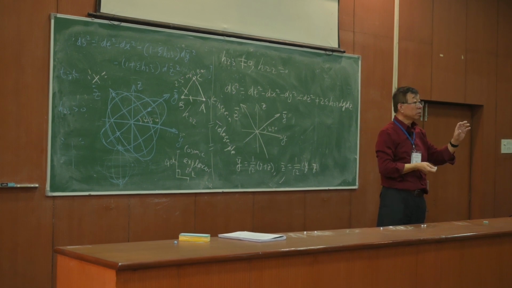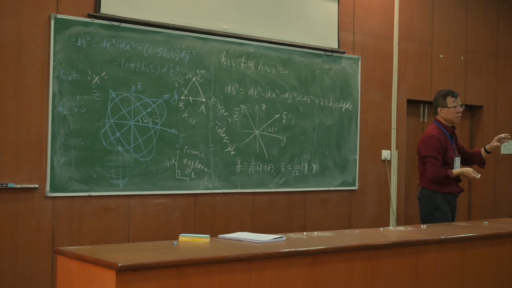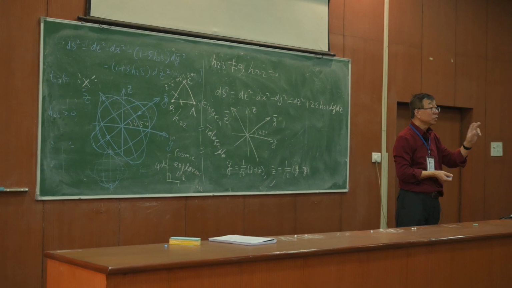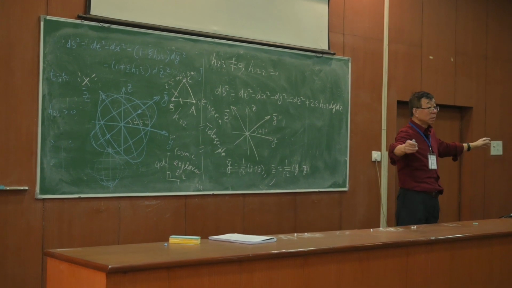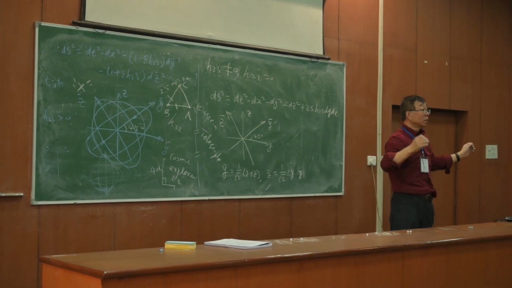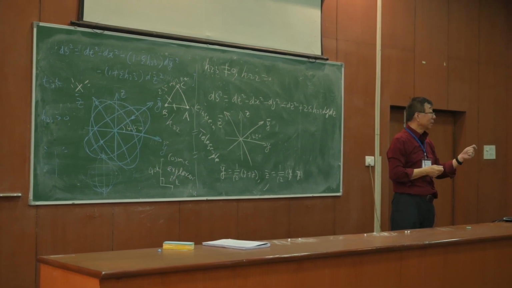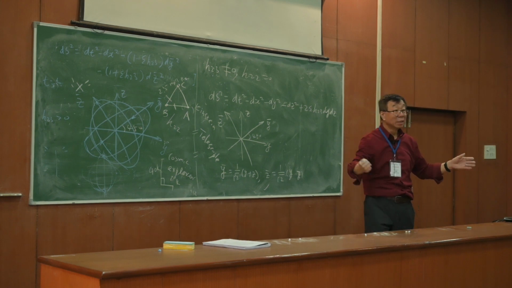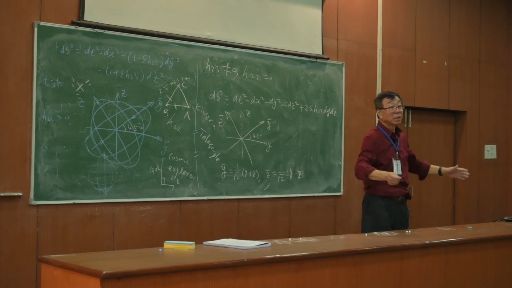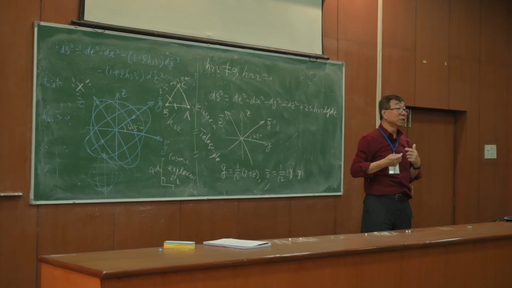So to observe gravitational waves, exactly like an electromagnetic wave, you need two conditions. First, the signal is strong enough. Second, it has to be in your observation band. If the signal is very strong but the frequency is too high, we cannot observe it, like our ears.